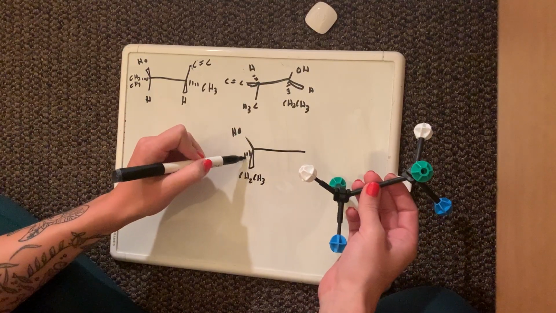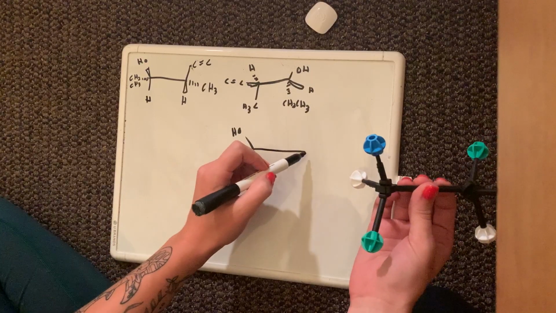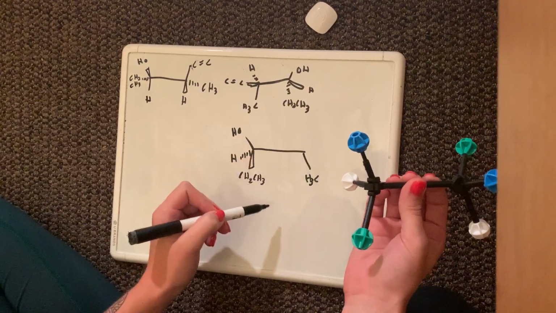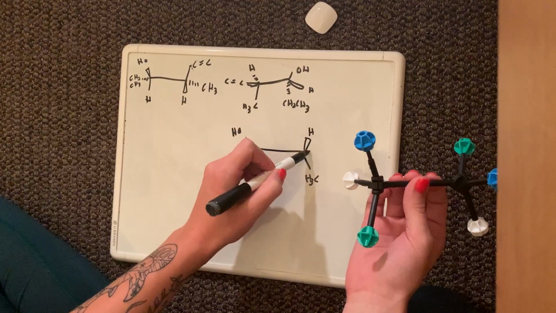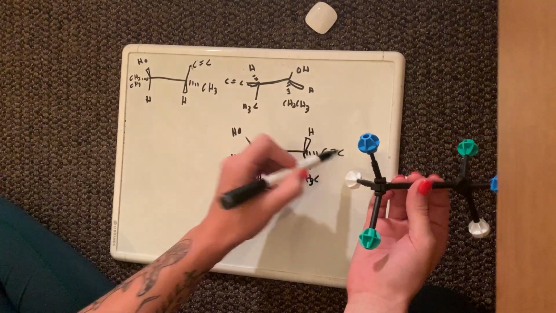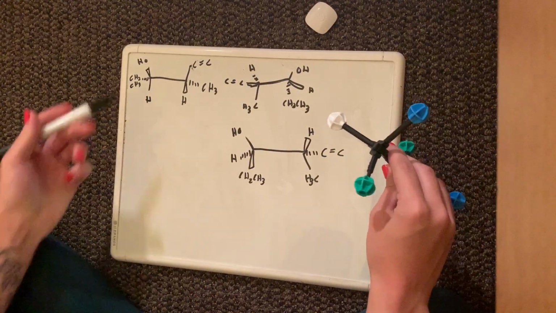So it's a short version. Look at my other video for a longer version, and thus, when our CH3 is going to be like this, we know that our H is going to be out, and our C double bonded to C is going to be in. Now, they're still not matching.